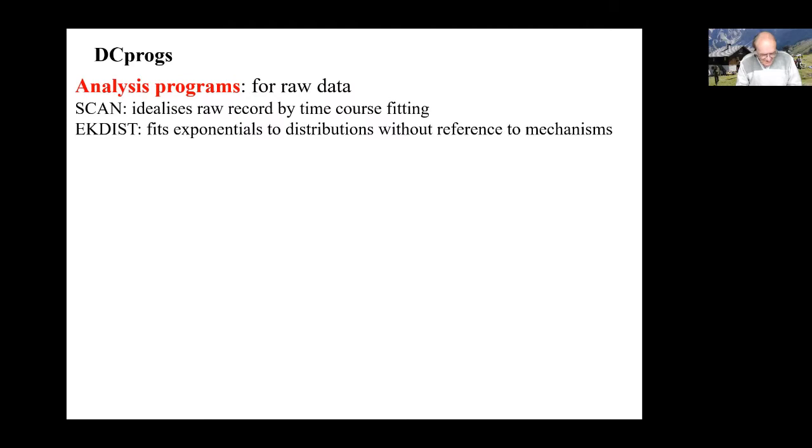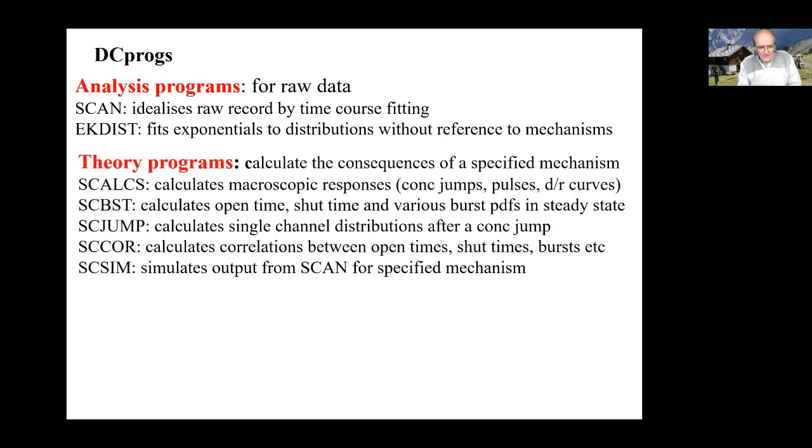Of course, up till 2000 or so, these were all DOS programs, and some of them still are. You can run them still, but they're not ideal in modern terms. We had analysis programs: SCAN for idealizing the raw record by time course fitting, EKDIST, which fits distributions empirically with no reference to mechanisms.